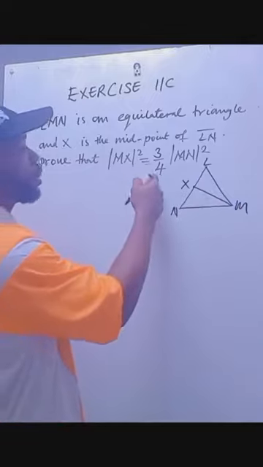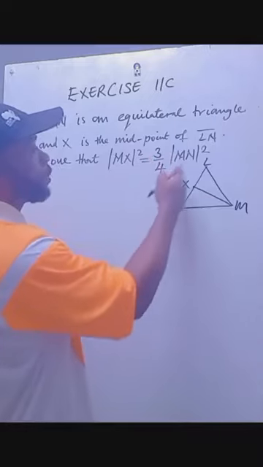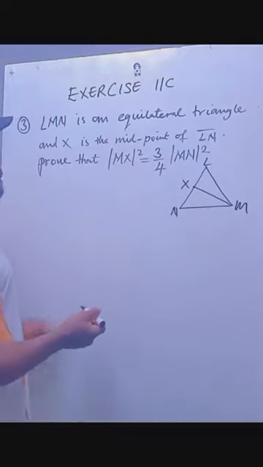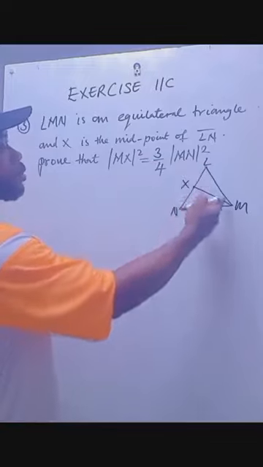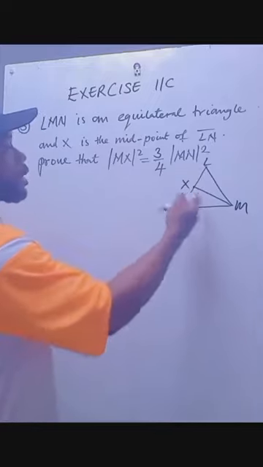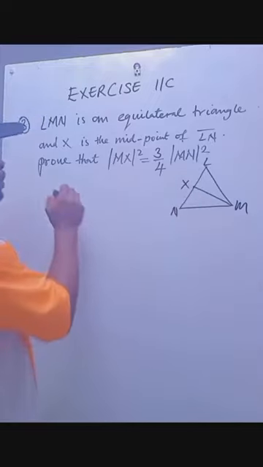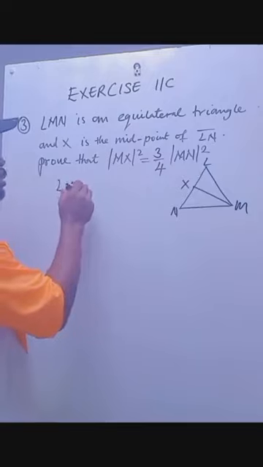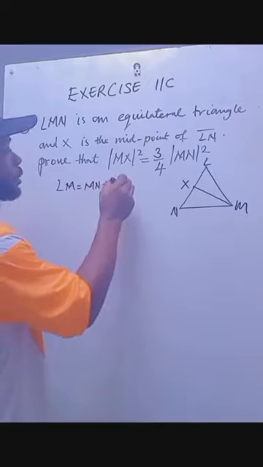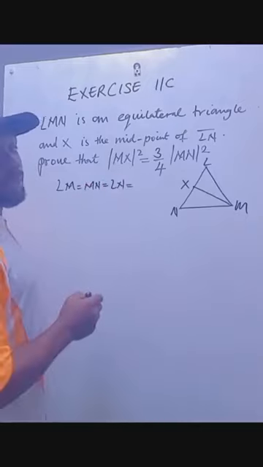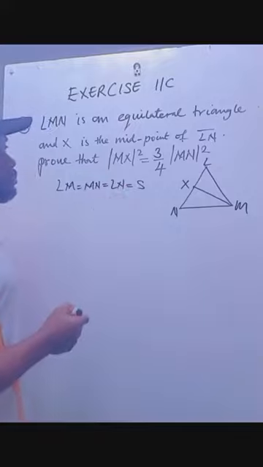Now, because this is an equilateral triangle, the three sides are equal. Therefore, LM is equal to MN and also equal to LN, and let it be equal to x.